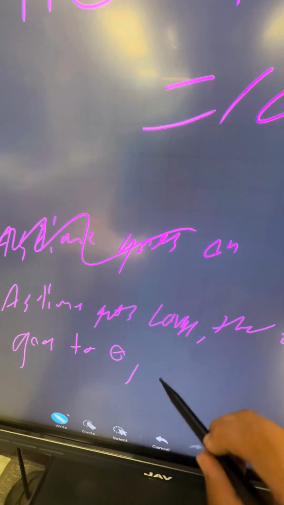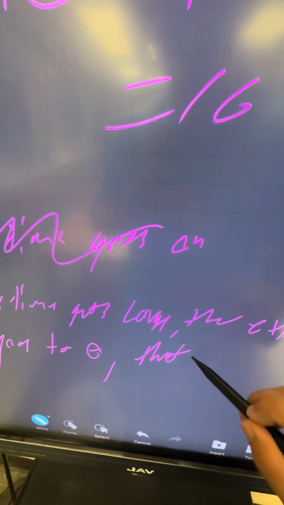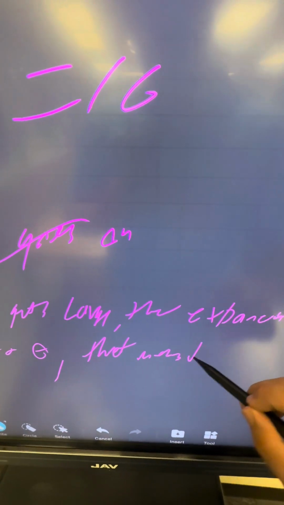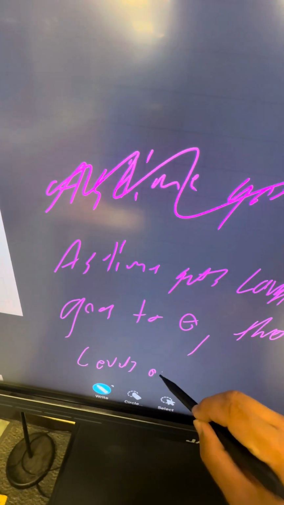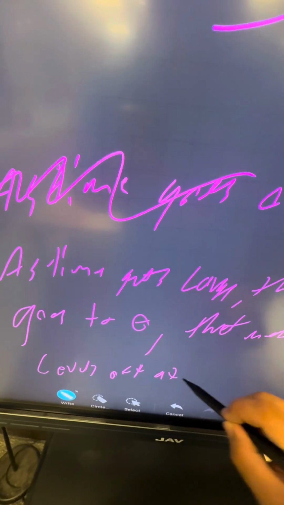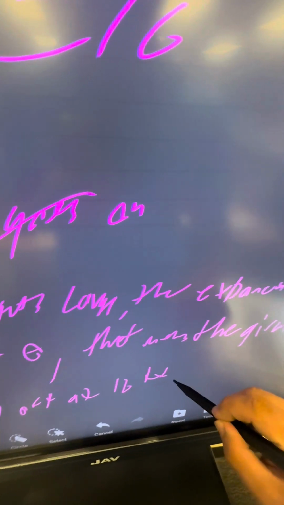That means the giraffe levels off at 16 feet.